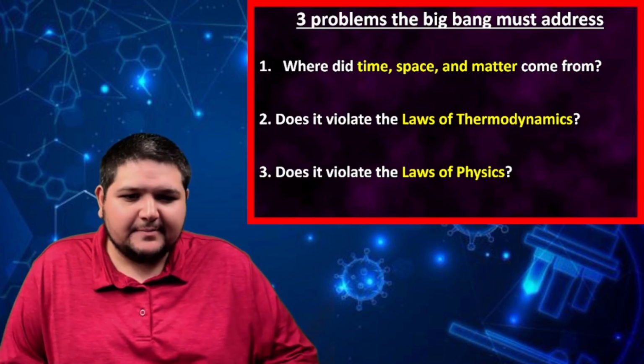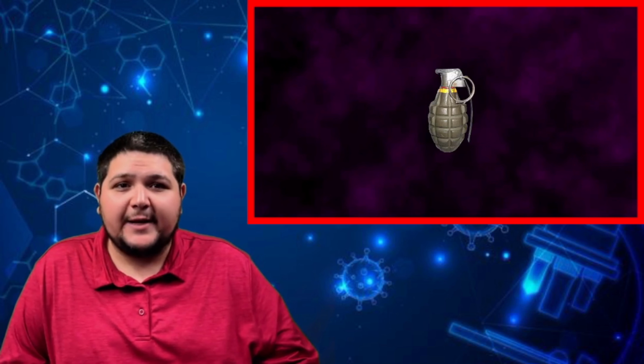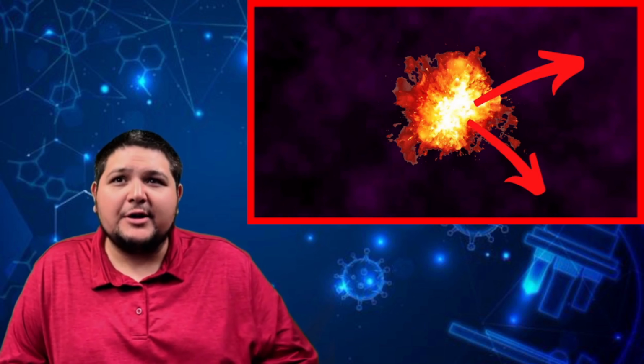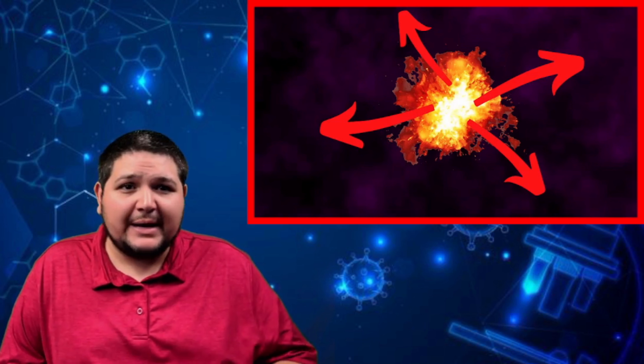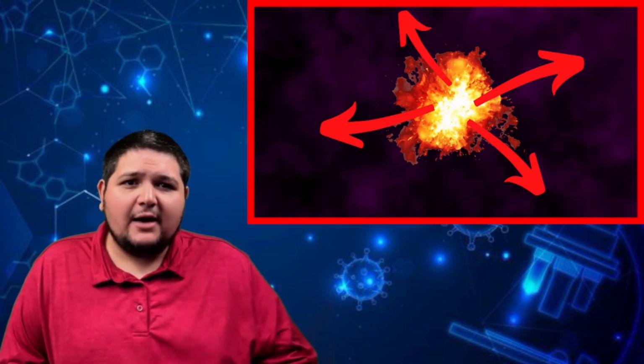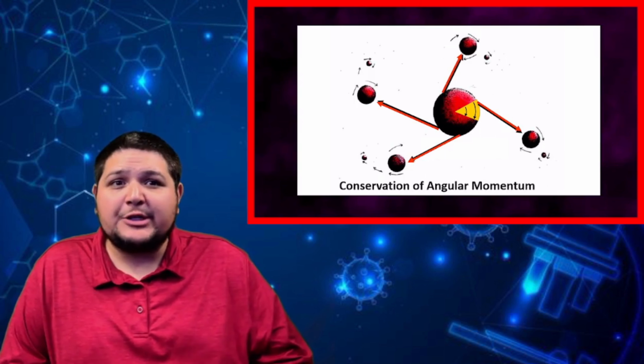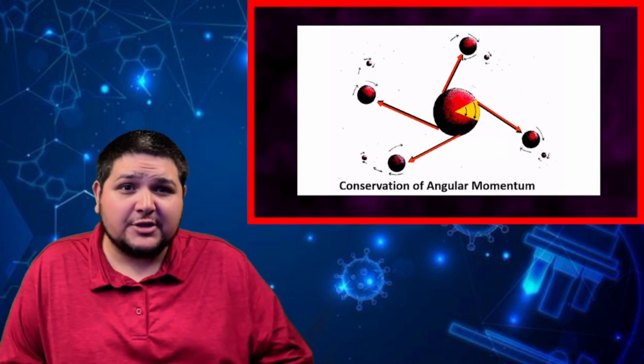Imagine we have a grenade and I pull the pin on this grenade. The next thing that's going to happen is kaboom, it's going to blow up, and then all of the pieces of shrapnel metal are going to go in different directions based on that explosion. Now, what the conservation of angular momentum does is it explains the patterns we should expect from this explosion.